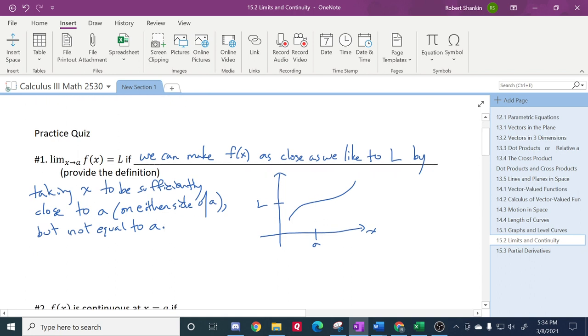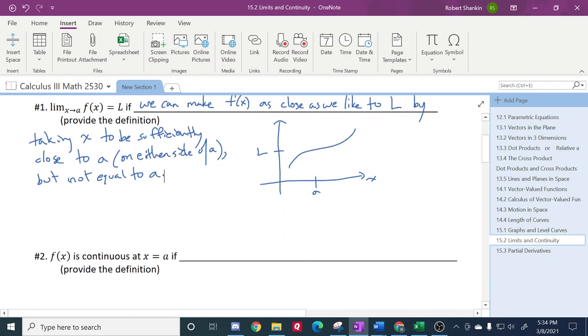Okay, even the informal part, I think I would have had a hard time coming up with that idea. Okay, and how about continuity?